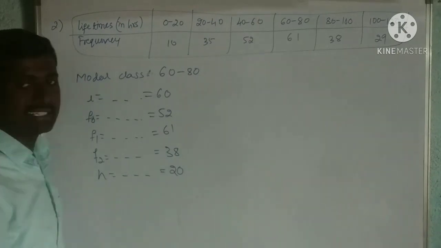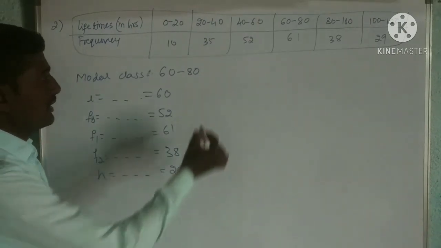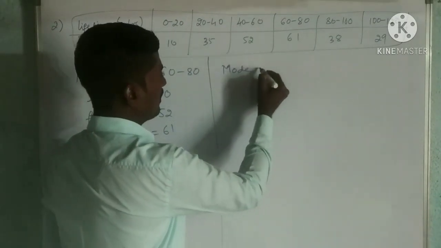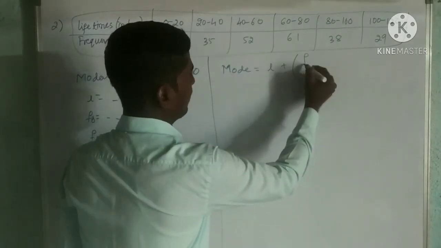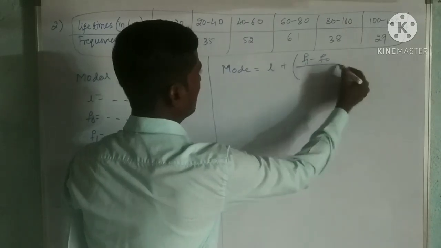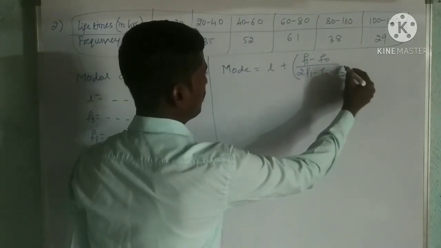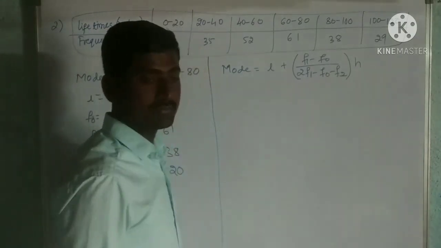Therefore I will take h as 20. Now we can write the formula. Mode is equal to L plus (f1 minus f0) divided by (2f1 minus f0 minus f2), into h.